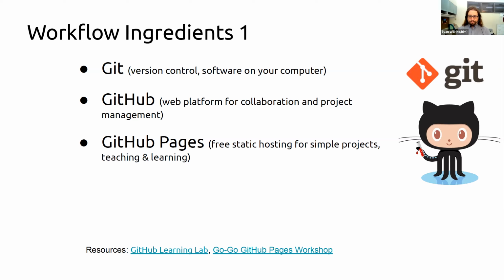And that web interface provides you a way to work with your files, work with your project, and also a whole bunch of project management stuff built in there, as you've already seen with those issues and some other features. And so it's really a powerful platform for that. And there are other alternatives out there that do exactly the same stuff. GitHub is just the biggest and most popular, so there's a lot of help available.